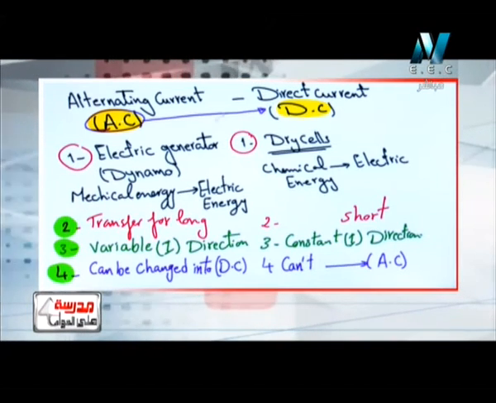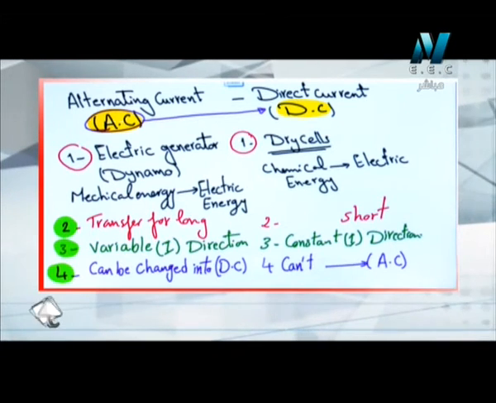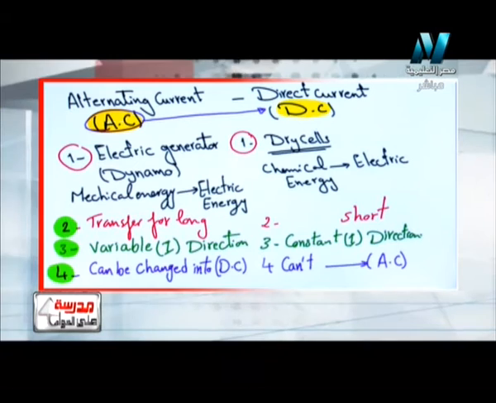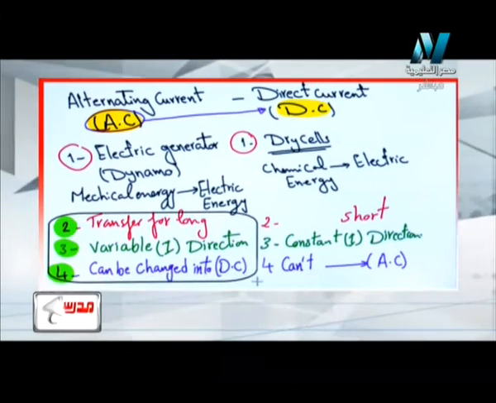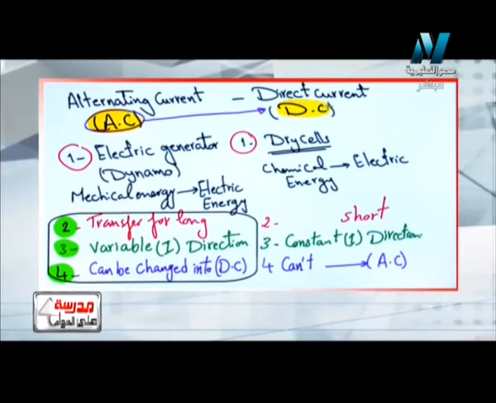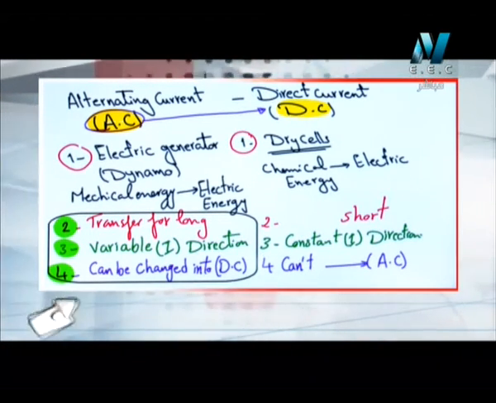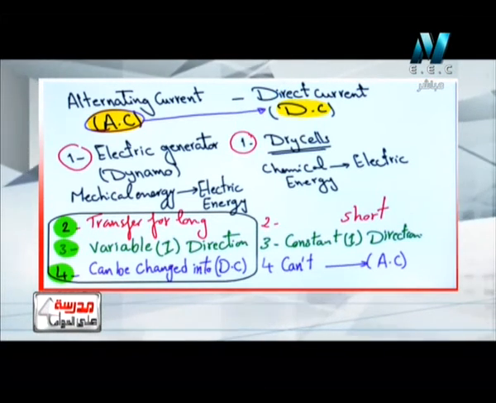We have three reasons for the answer. Of course, alternating current can be changed into direct, while direct can't be changed into alternating current.